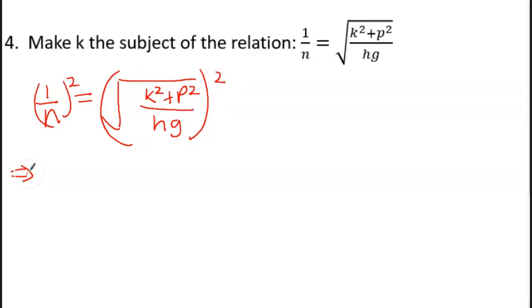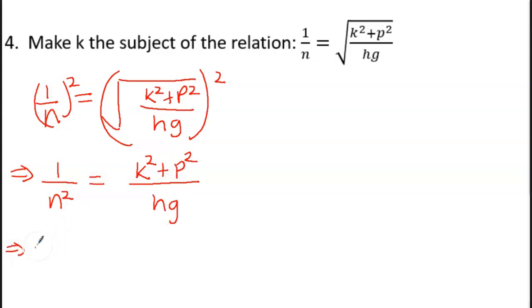This implies that now 1 squared is the same as 1, n will be n squared, which is equal to k squared plus p squared over hg. You ask yourself, what am I supposed to make the subject? It is k, which is here. So let's cross multiply.